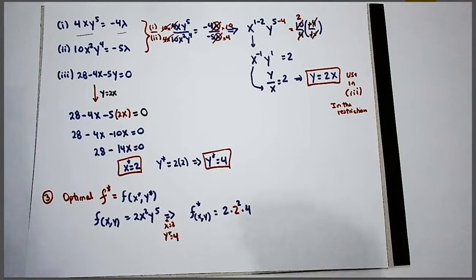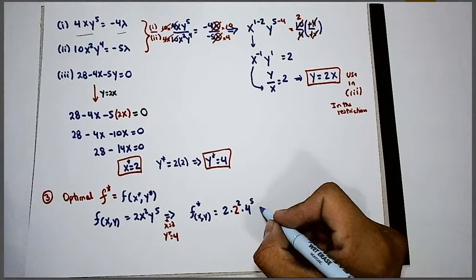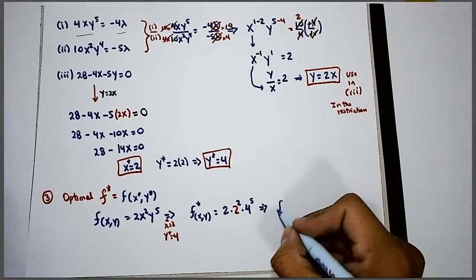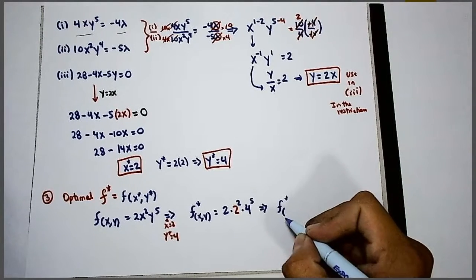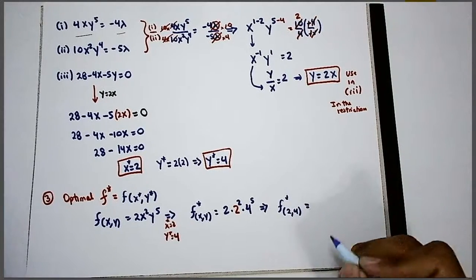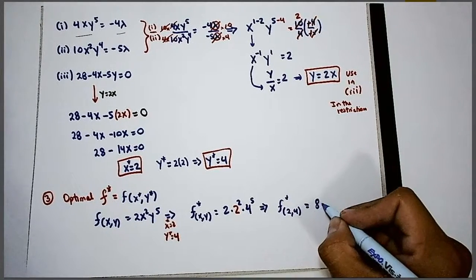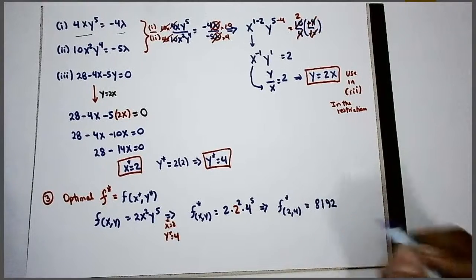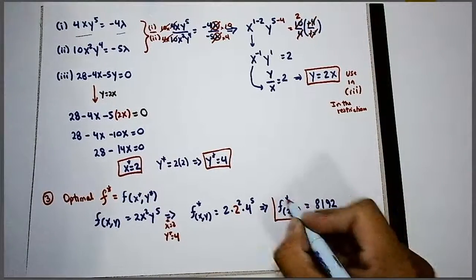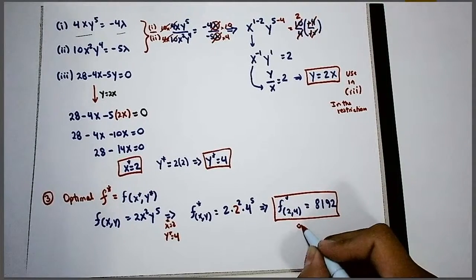And this is to the fifth. This means that the optimal value for the function at (2, 4) is equal to 8192. So this is the optimal value.